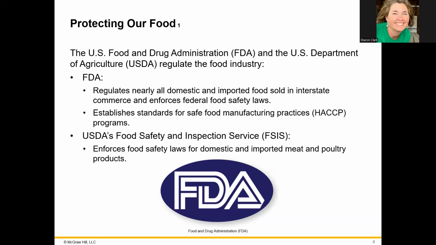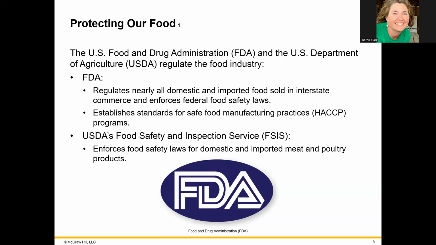We do have here in the United States regulatory agencies at the federal, state, and local level that help to protect our food supply. So just make sure you're familiar with these. You have the Food and Drug Administration that regulates all domestic and imported foods sold interstate between states and enforces food safety laws. They also establish the standards for food manufacturing here in the United States.